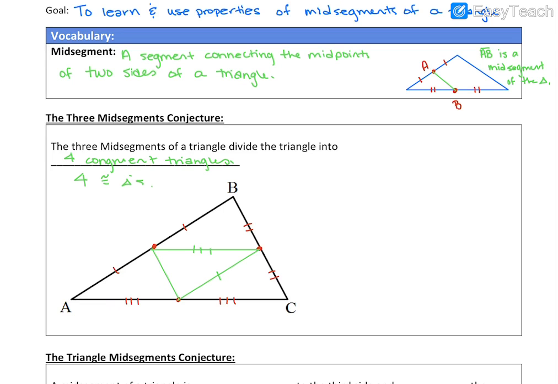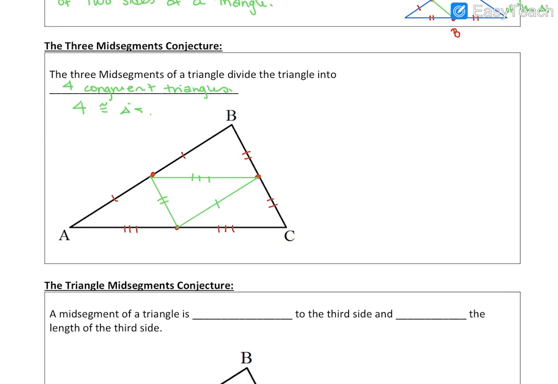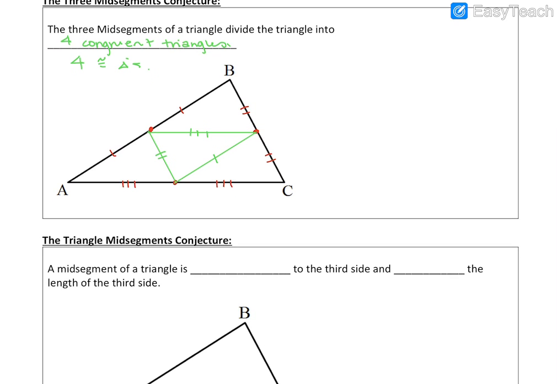That means this has to be the double dash. And so then what you can notice is you have 1, 2, 3, 4 congruent triangles that are made up in this triangle. You can also see that this mid-segment here is half the length of this full side, which we're going to get to in just a minute.